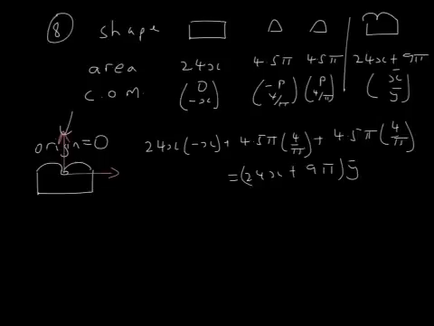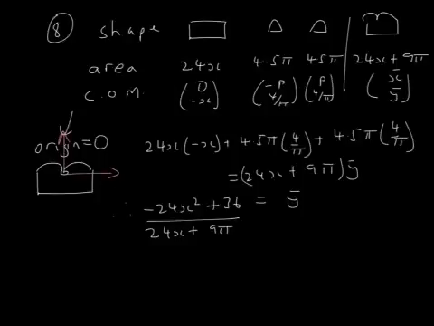So how does this simplify? Well, 24x times minus x is minus 24x squared. Pi divided by pi is 1. 4 times 4.5 is 18, and we've got the same thing here, so altogether those two terms make 36. And y bar has been multiplied by 24x plus 9 pi.